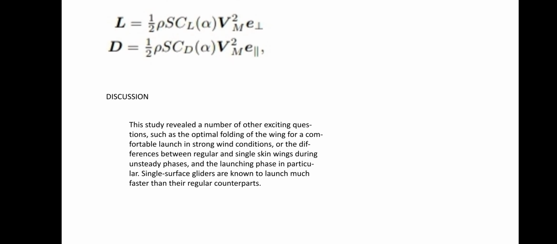N equals one half rho S C_L of alpha v squared, m e perpendicular. D equals one half rho S C_D of alpha v squared, m e parallel.